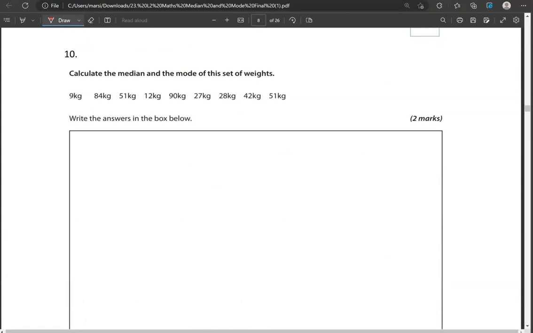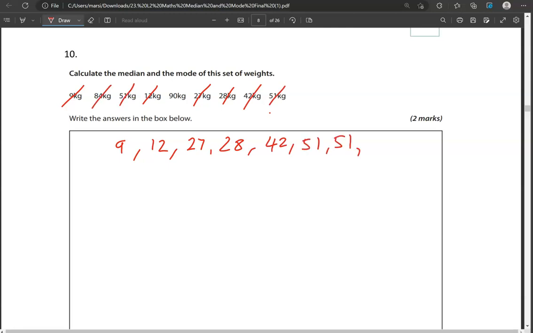Calculate the median and the mode of this set of weights. Again, putting them in order. 9 comes first, and then we have 12, 27, 28, 42, 51, 51, 84, and 90.